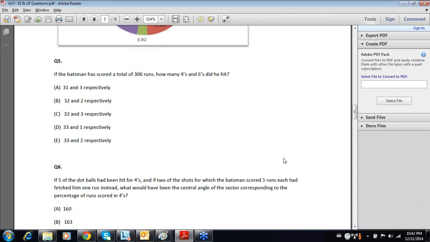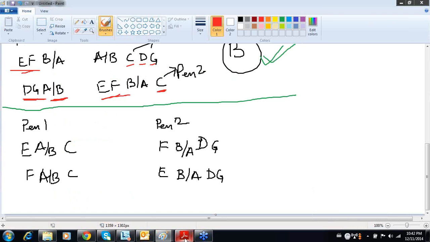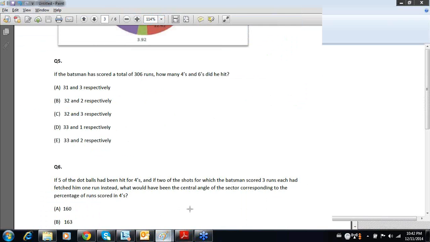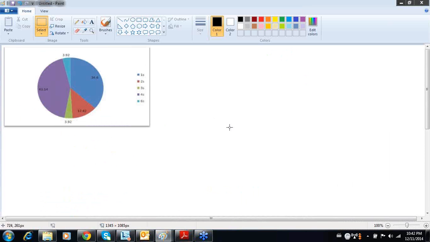Now it is saying if one batsman scores 306 runs, how many 4s and 6s does he hit? So fours is 43.14%. If you go and calculate 43.14% of 306, you will not be a CAT aspirant or XAT aspirant.